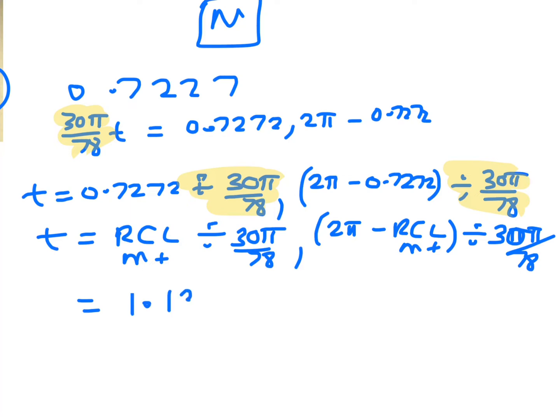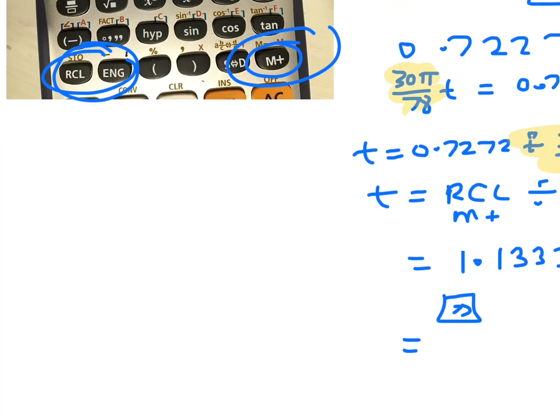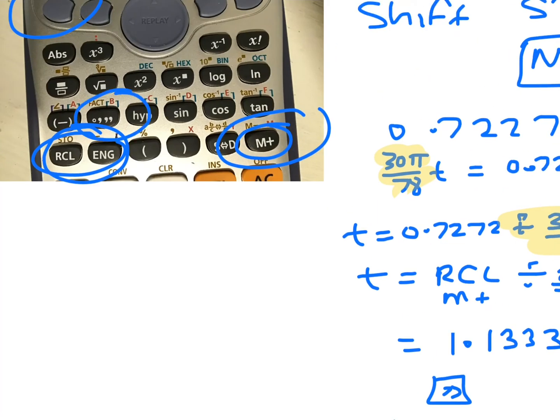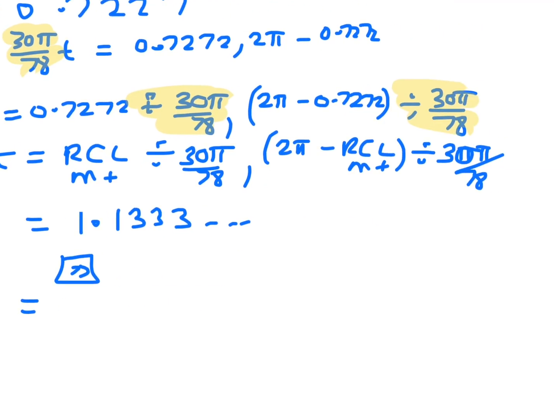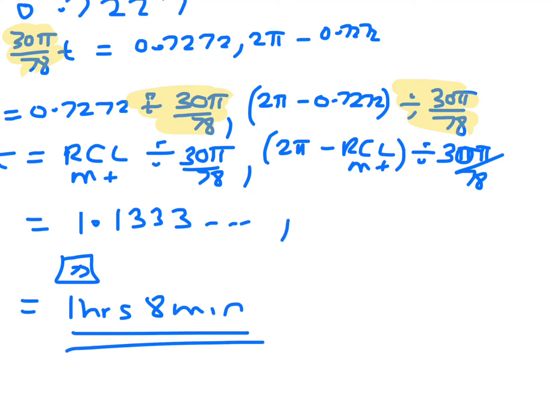And I get 1.1333... and if you press your degree minute button on the calculator, then you will get 1 hour and 8 minutes. And then there's a little bit of seconds, but we won't worry about that.